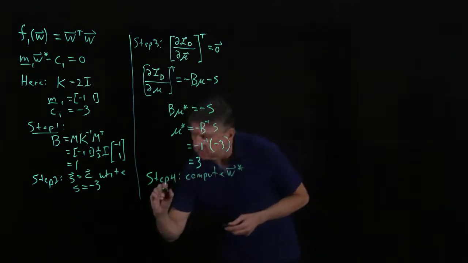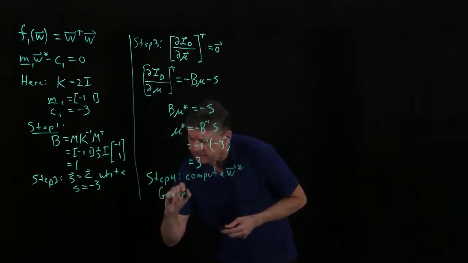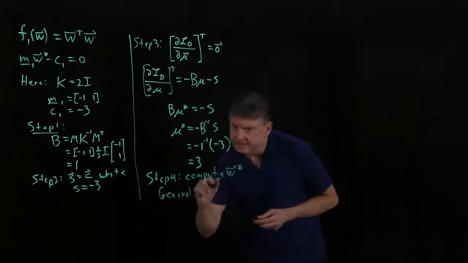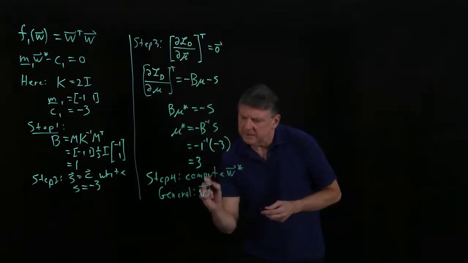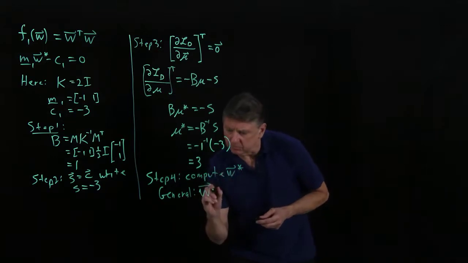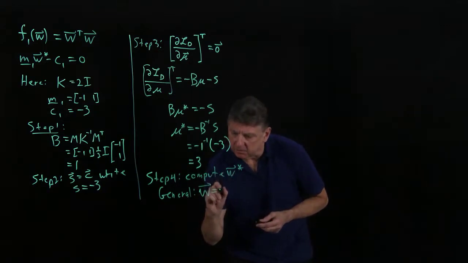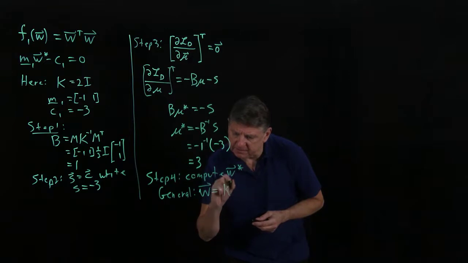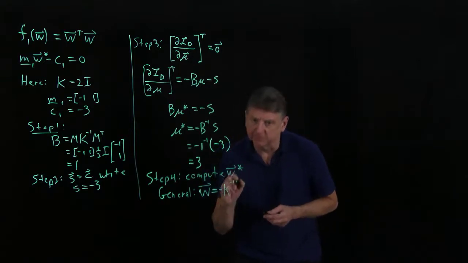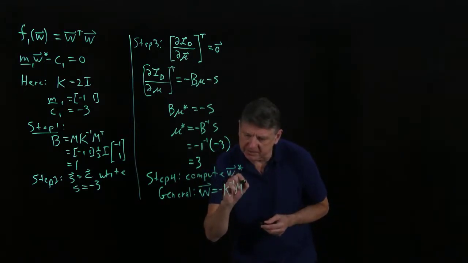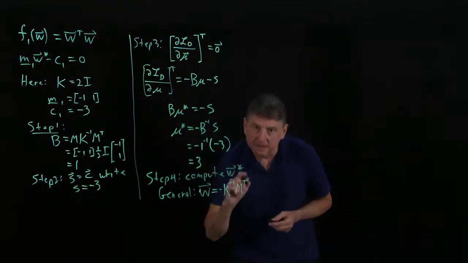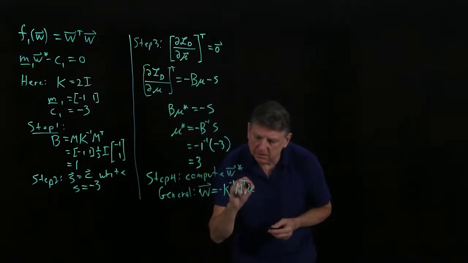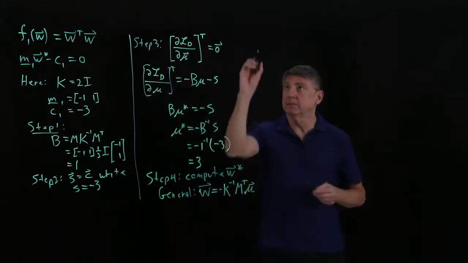So in general, any argument vector can be represented as minus the symmetric positive definite matrix inverted times the transpose of our constraints times the Lagrange multipliers that we found.